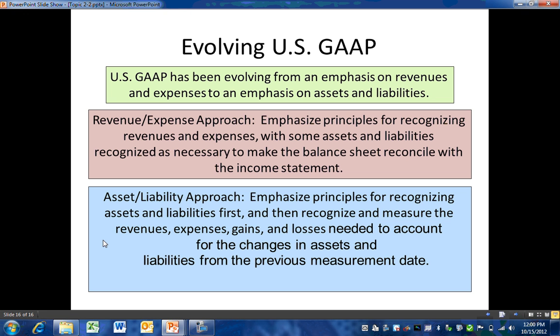Recently, within the last 20 years, FASB has switched emphasis from the revenue expense approach to the asset liability approach.